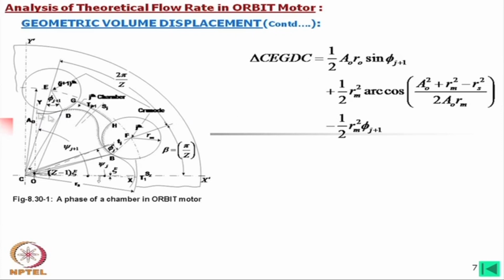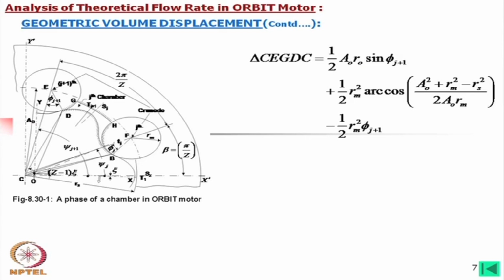Again, if you find out, first we have considered a triangle, A0 into, this is perhaps not R0, it will be Rm theta Rm, this will be Rm.